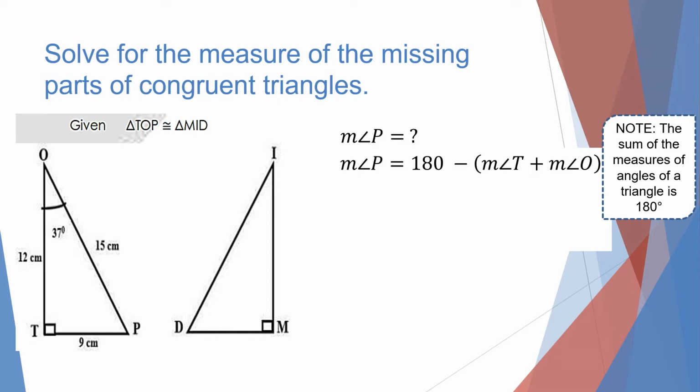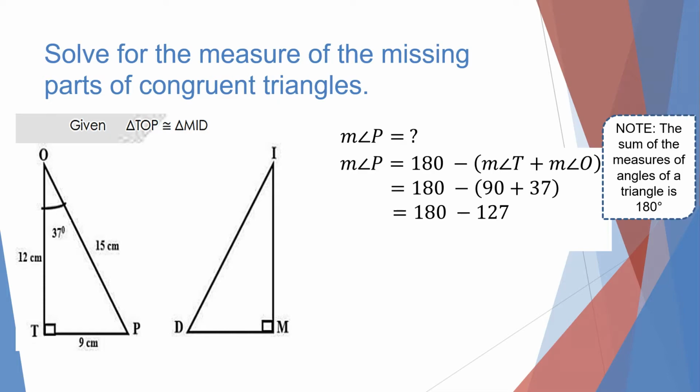Anong measure ni angle T? Ang measure ni angle T ay 90 degrees at sa measure ni angle O is 37 degrees. That's why we have 180 minus the sum of 90 and 37. And what is 90 plus 37? So we have 127.